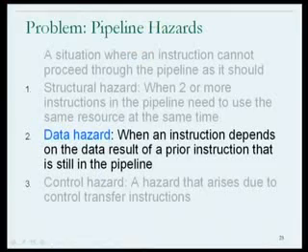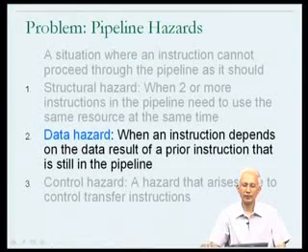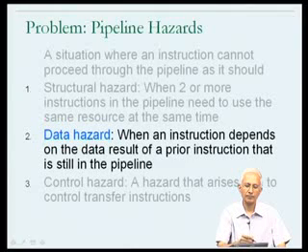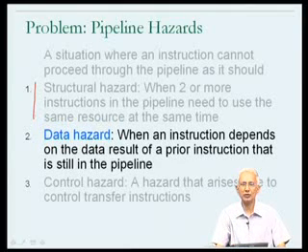Now we took an introductory view on the different kinds of hazardous situations that could arise in a pipeline in the previous lecture, and had seen that there is a class of hazardous situations called structural hazards, which can be handled for the most part by appropriate design of the pipeline, by making sure that the resources of the pipeline are designed in such a way that they can be used by as many instructions as may need them at the same time.